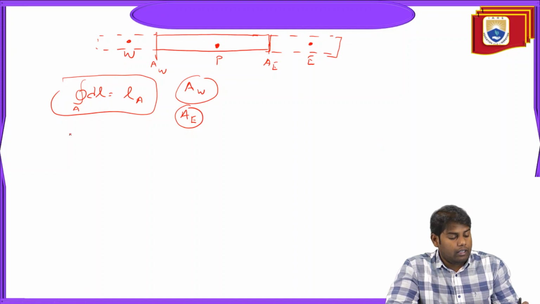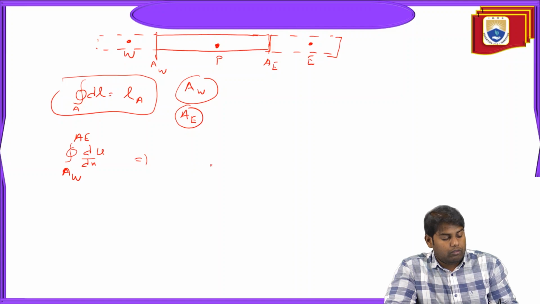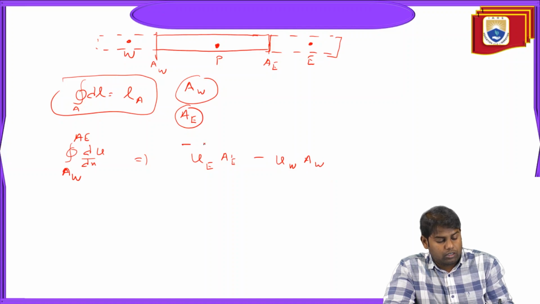When we do this integral, say the integral of dou by dou x of u, as we are doing an area integral between AW and AE, that gives us u at the east face into AE minus u at the west face into AW.